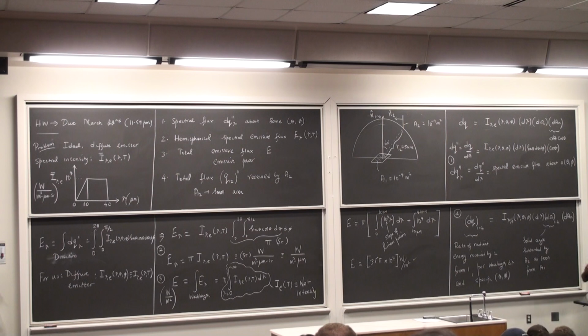And this by definition that we've done before is dA times cosine theta, or in our case this is A1 times cosine theta. You can call A1 as dA1 if you want, but just to make it all convenient. So for us here, A1 is the same as dA1.